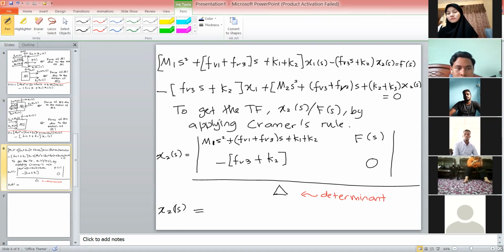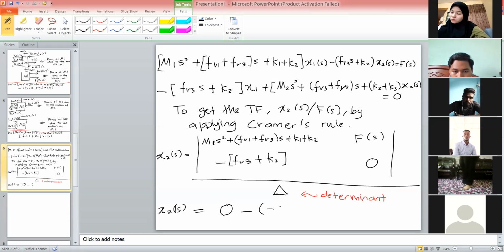Now, 0 multiplied by this is 0. 0 minus, we have minus here, right? Minus FV3 s plus K2 times Fs.